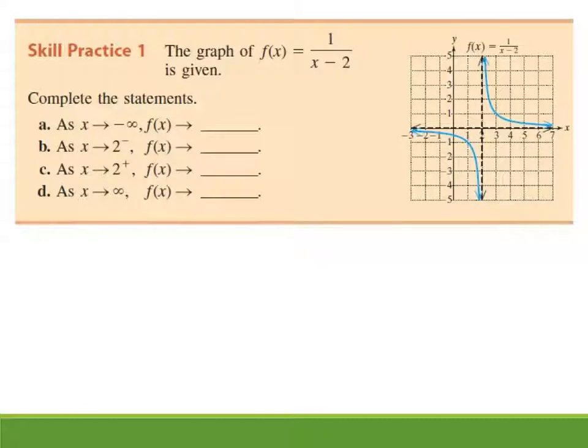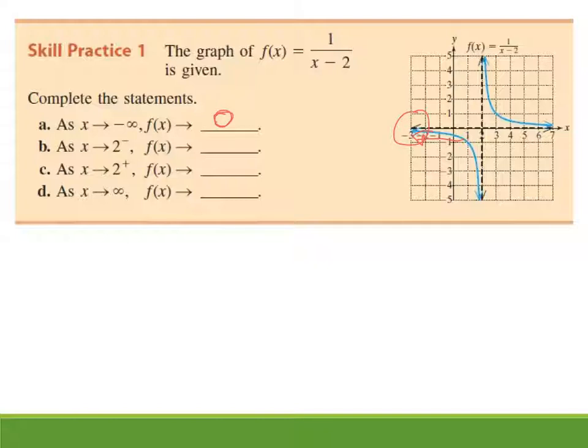Now I would like you to pause and see if you can complete the following statements. Now that you're back, we can say as x approaches negative infinity, we're going in this direction, we notice that f of x is approaching 0.